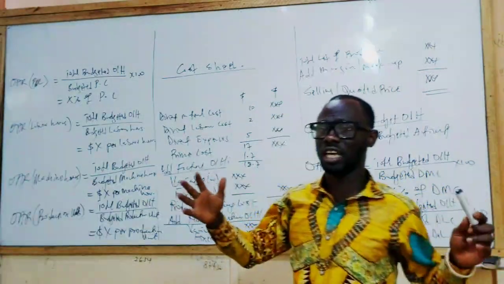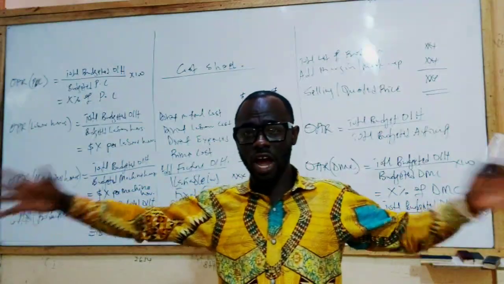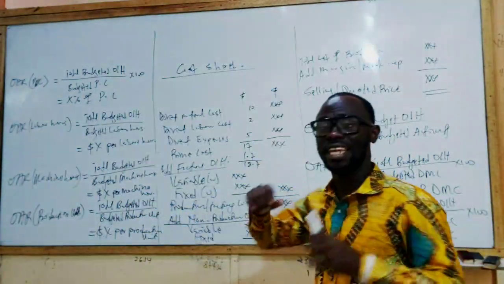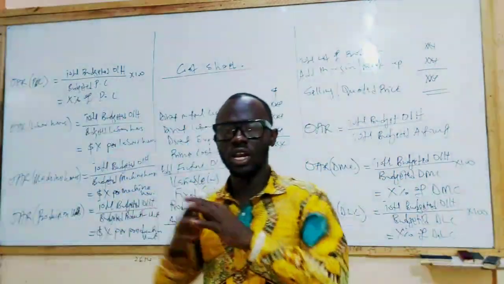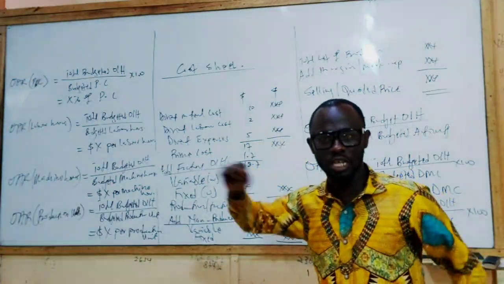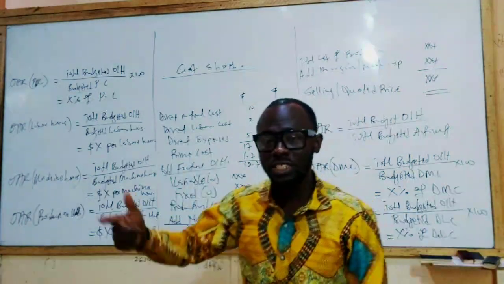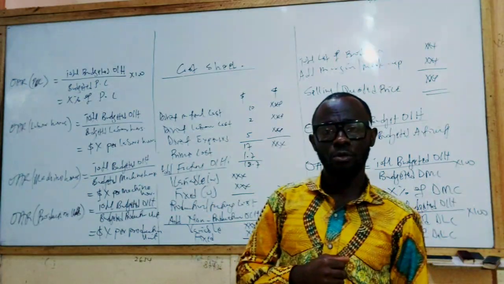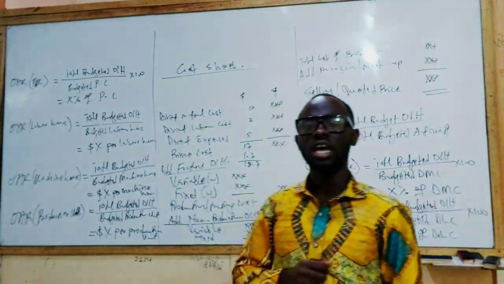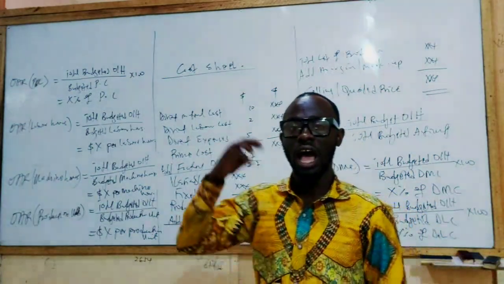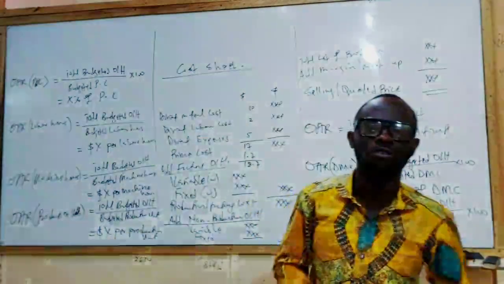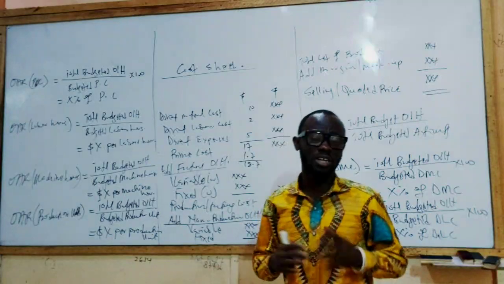So we've looked at the first aspect, which is the cost, and tomorrow we'll look at the profit statement: how we prepare it using marginal costing, using absorption costing, and using activity-based costing. And if we have time, we'll also practice some questions.